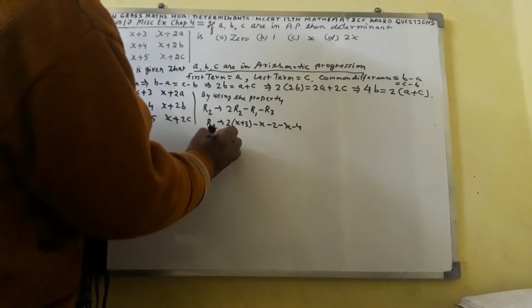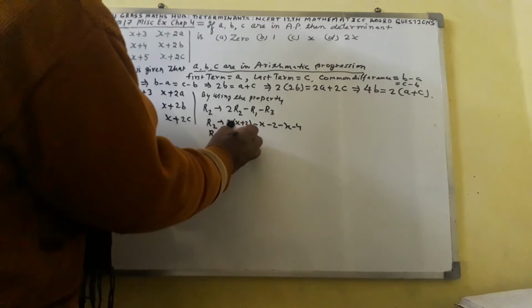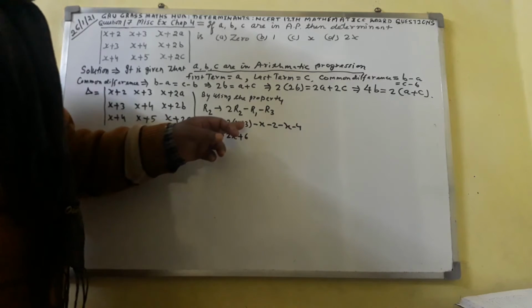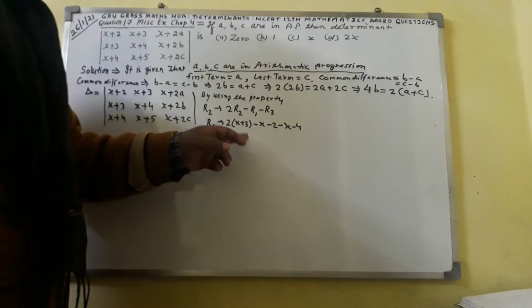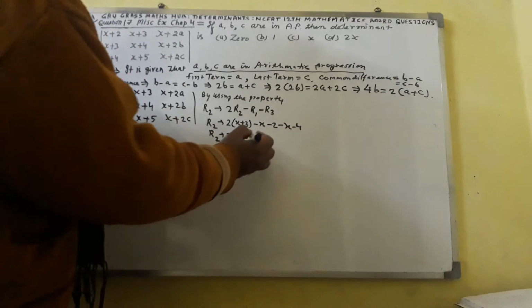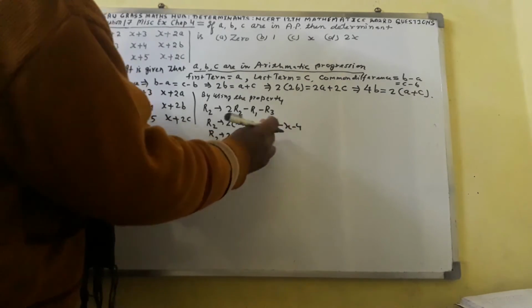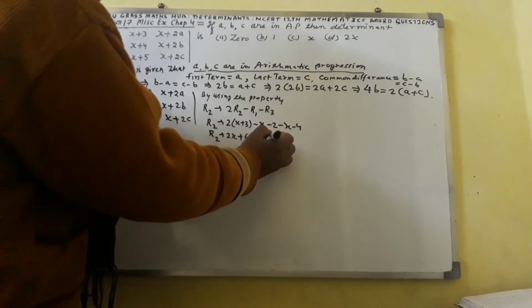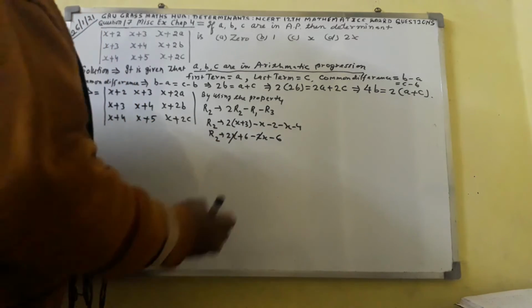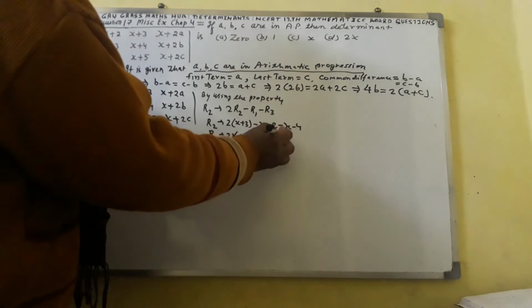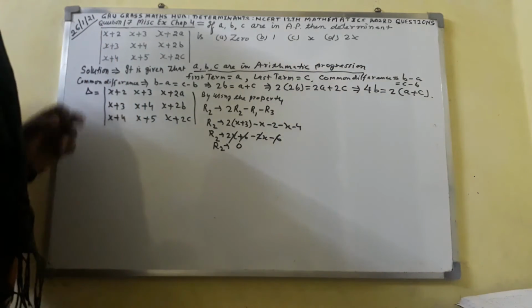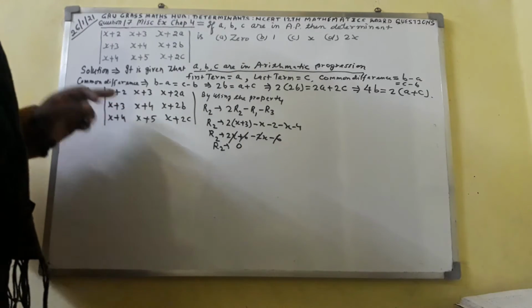Simplify: 2x plus 6 minus 2x minus 6, so plus 2x minus 2x cancels out, and plus 6 minus 6 cancels out. So in place of x plus 3 we get 0.